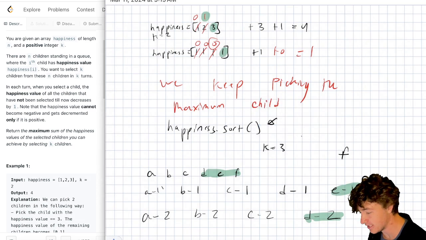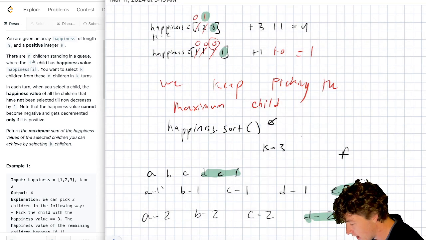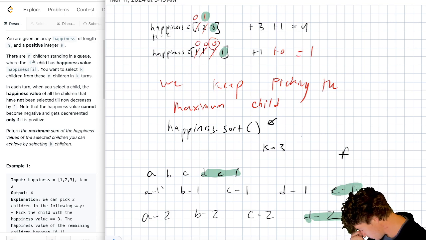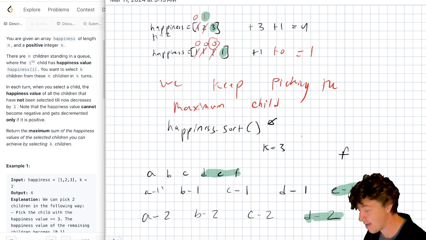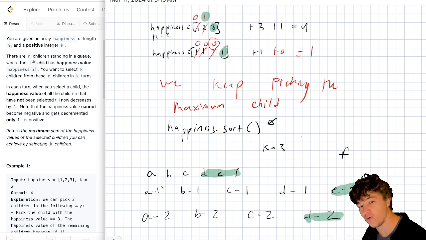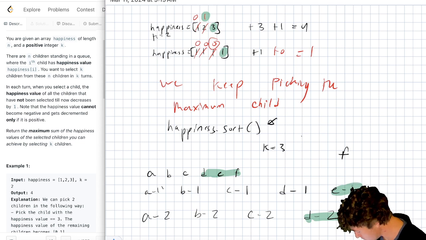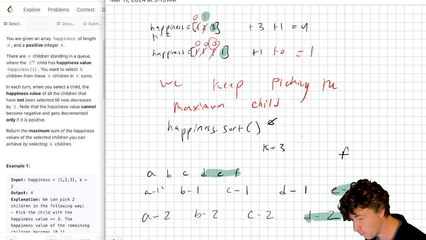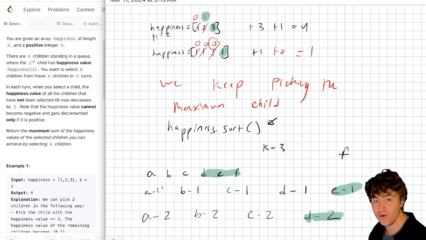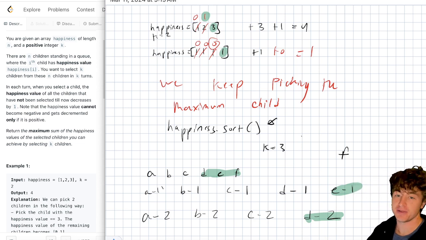Okay, so how are we going to integrate this into a solution? Well, the idea is we can just pick the happiest person, and notice that every time we pick somebody, the happiness of the remaining people goes down by 1. So if I've already picked 2 people, that means for the third person, there's going to be minus 2 happiness.